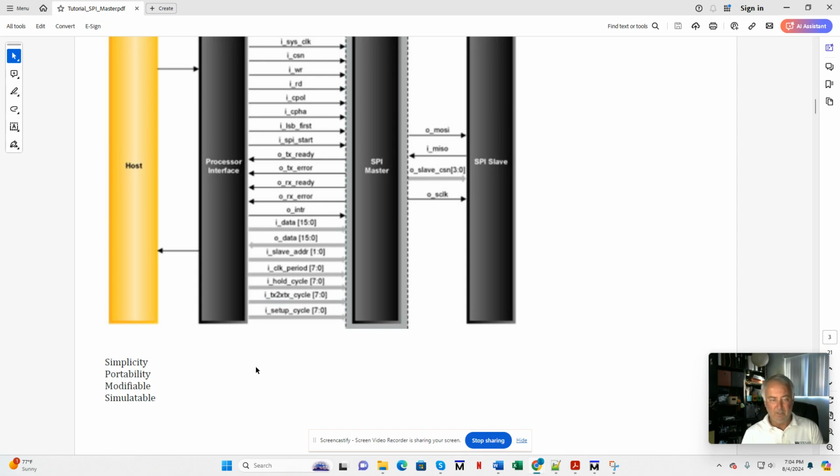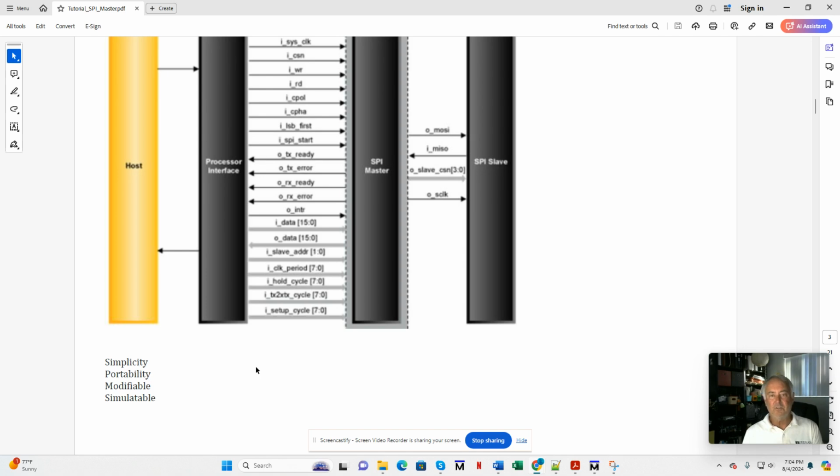They usually have a complex register set. You have a fairly large document to cover. I know that they're simplified because they're supported by a board support package and so forth, but there's a lot of overhead to using somebody else's IP as a SPI Master.